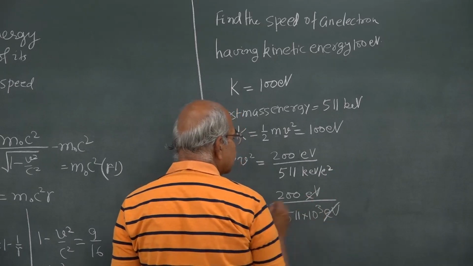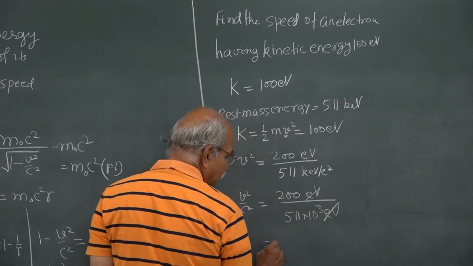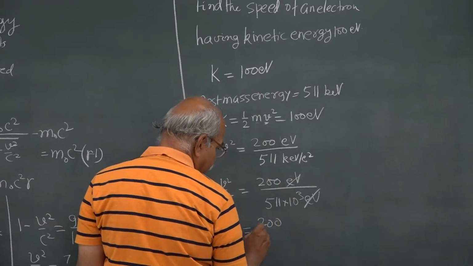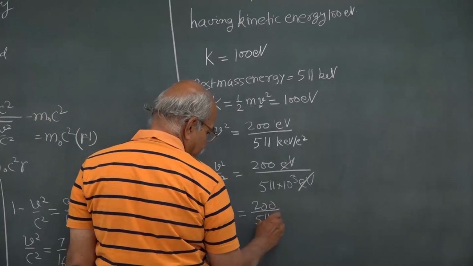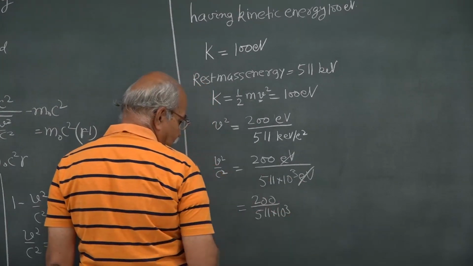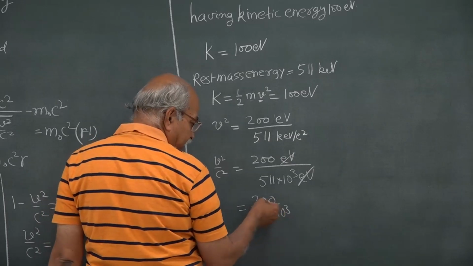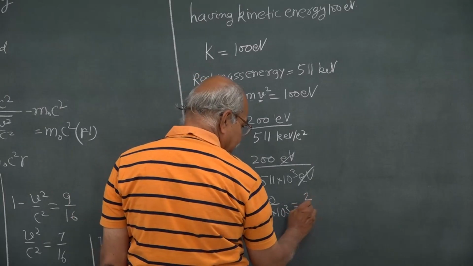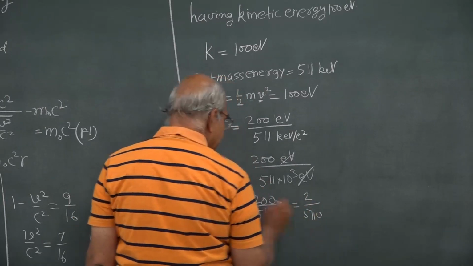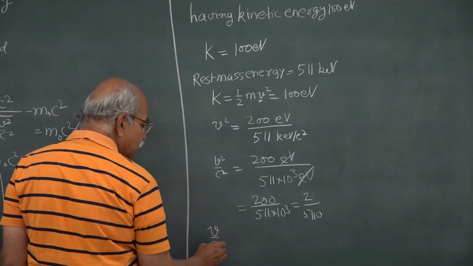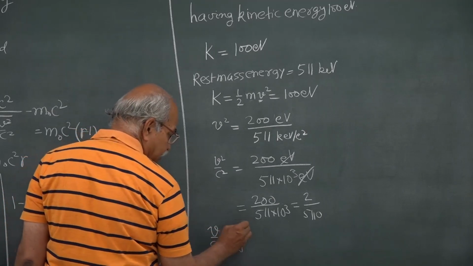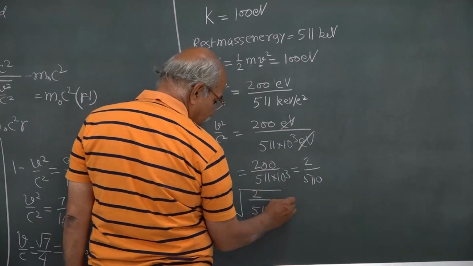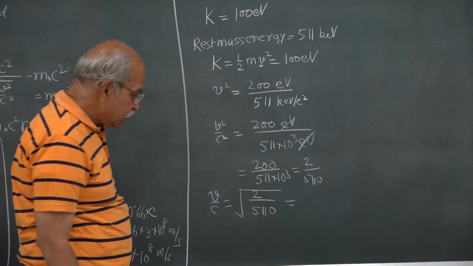So, eV cancel out. You can simplify this, cancel 100. It is 2 divided by 5110, and from here v by c will be the square root of 2 by 5110.